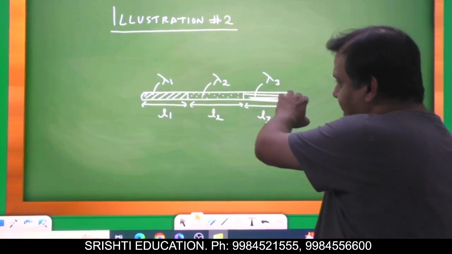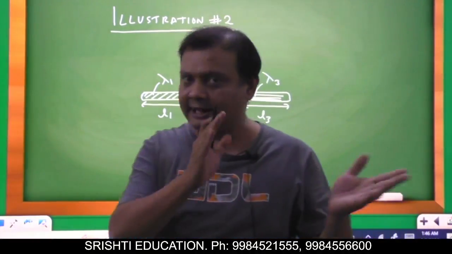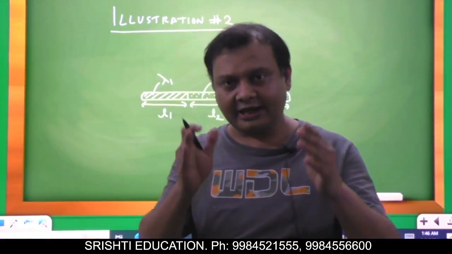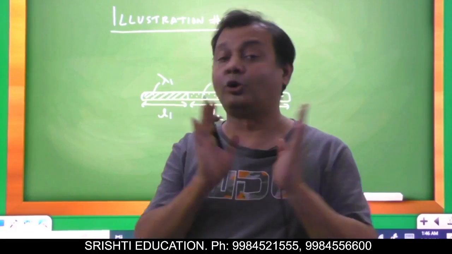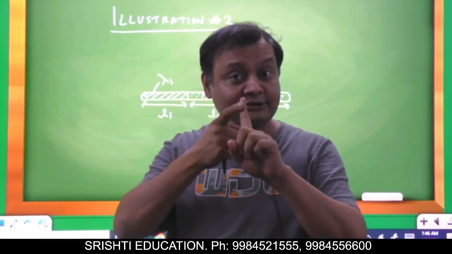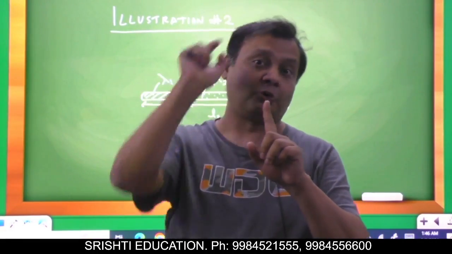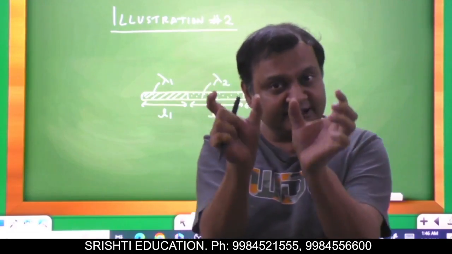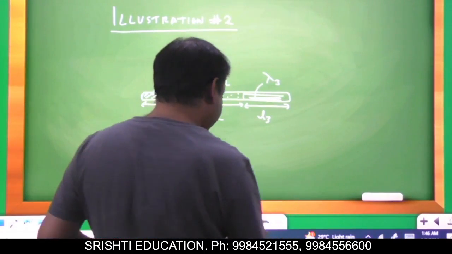So if you see, the complete rod has variable lambda, but there is one point. Lambda is not changing from one point to another point. Lambda is changing in segments.